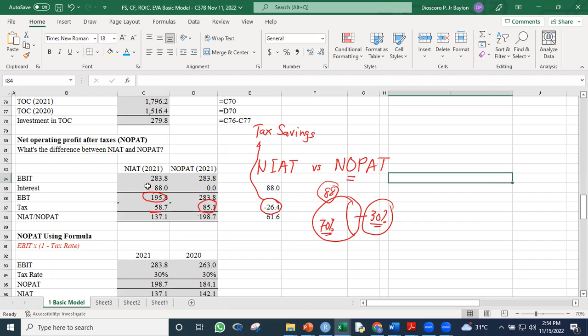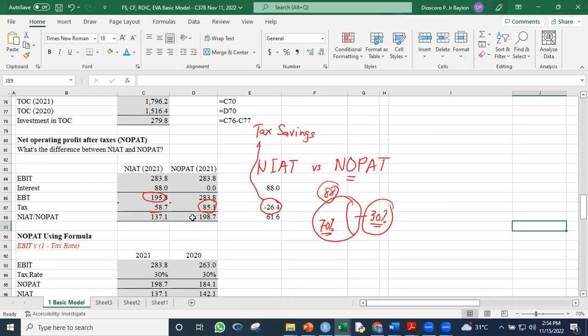If finance, for instance, borrowed a big amount of money and the interest was even greater than the EBIT, the operating profit, then that would virtually wipe out the operating profit of operations, because the interest is bigger than the EBIT. And it would be unfair for management to assess the operating performance by deducting interest from the operating profit, when in fact operations does not have any control over this interest expense.